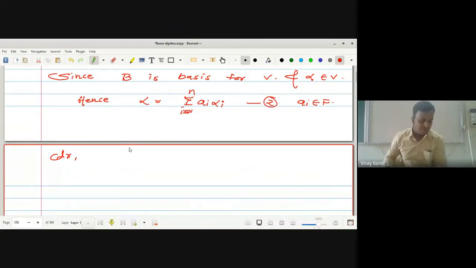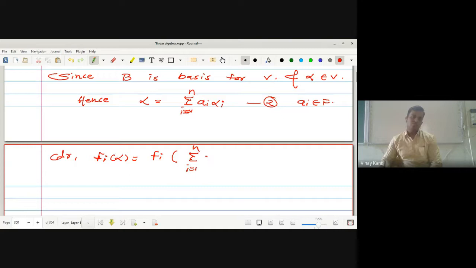Now consider fi of alpha, which is equal to fi of what? What is alpha? Summation i running from 1 to n, ai alpha i.